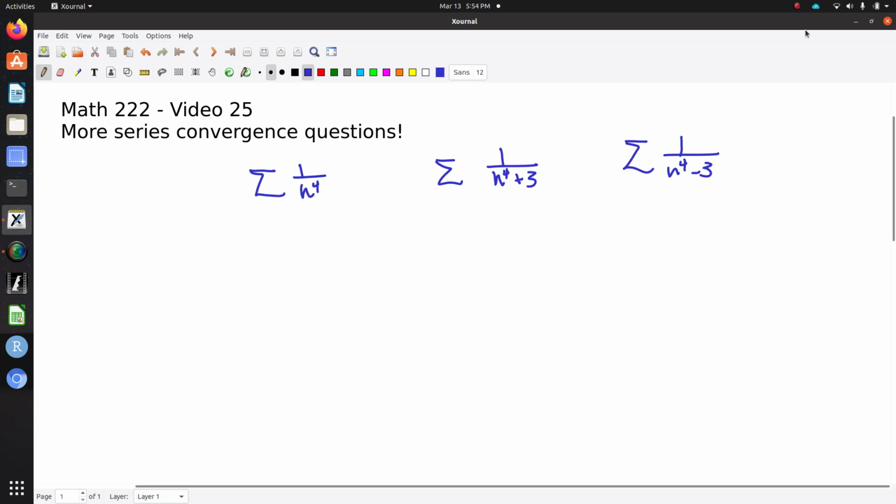And so let's talk about it this way. This guy, we know it converges, and we can do a comparison versus 1 over n squared, for example. We can use the integral test to tell you that 1 over n squared is convergent, or we can use the integral test directly on 1 over n to the fourth, all that good stuff.